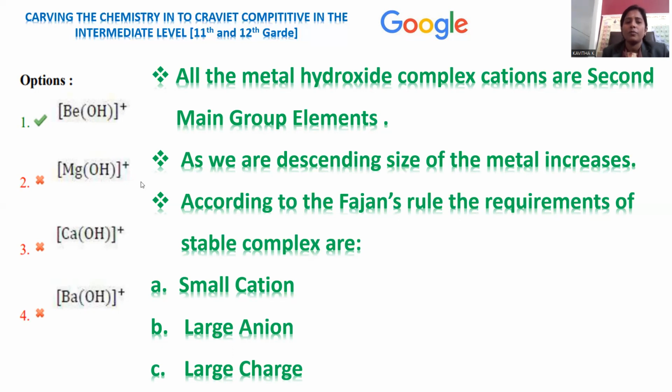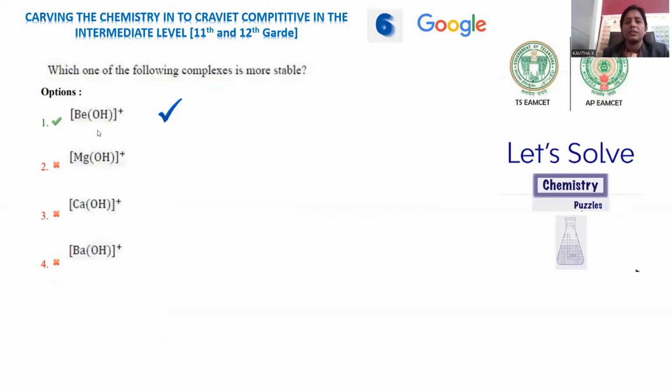All are monopositive cations, so top to bottom size gradually increases. But a stable complex requires a smaller cation. Among all, the smallest cation is beryllium. That's why the stability of beryllium hydroxide will be larger. So this is the way we can answer this.